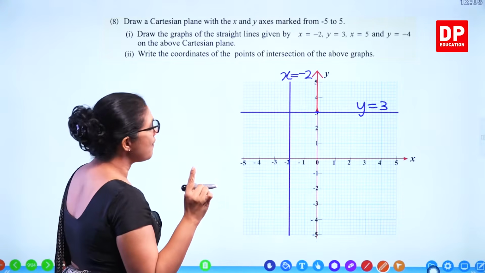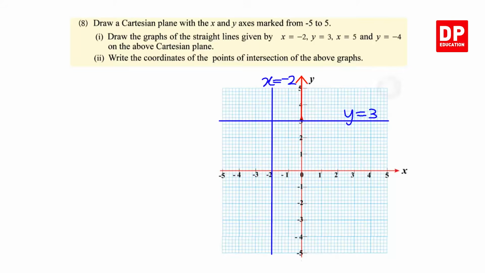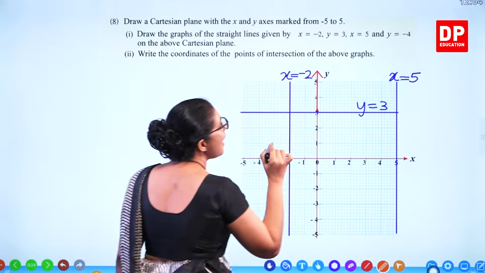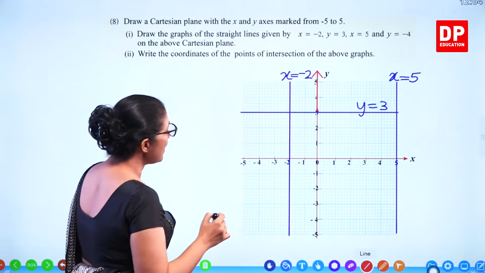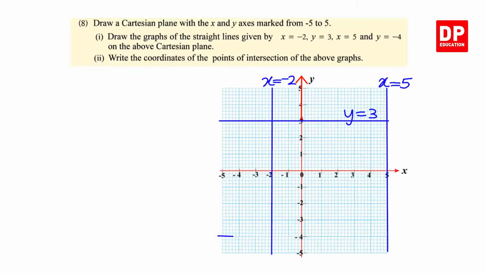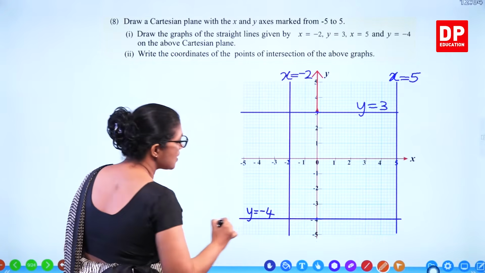X equals 5 is this line, so we'll mark it x equals 5. And y equals minus 4 is a horizontal line that passes through y equals minus 4.